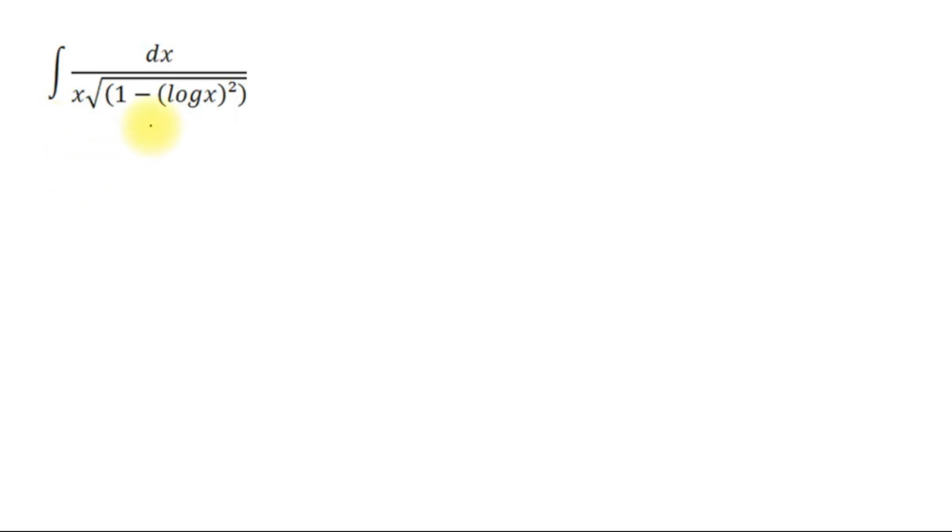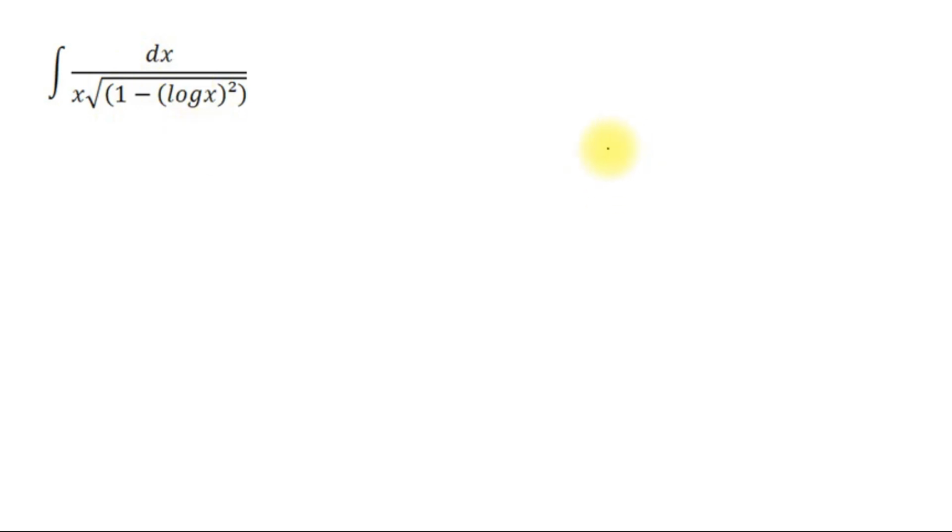Hello dear student, this is your question. Here we have to find the integration of dx over under root 1 minus log x square, right? Now first of all, if we differentiate the function log x, we get 1 over x dx.